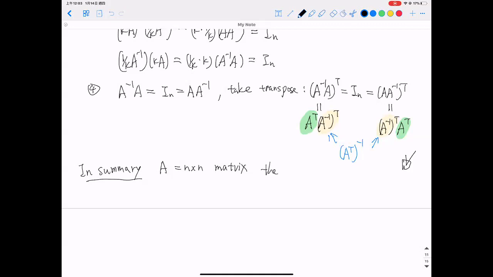Then the following are equivalent. One, A is non-singular.